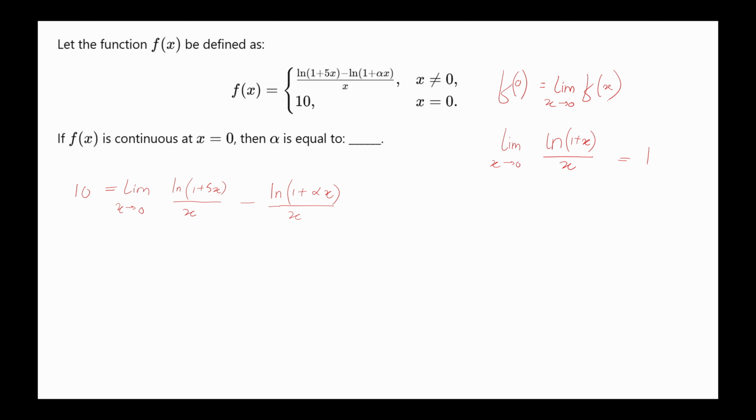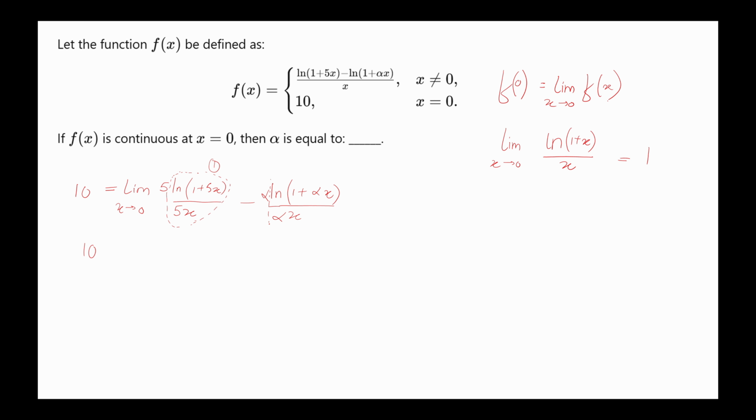Simply 1. So here I have 5x, so I will try to convert this x into a 5x. I will multiply a 5 here and multiply a 5 at the top. Here also I will do the same thing. I will multiply an alpha here and an alpha here at the top as well. So from here, now if I apply the limits, what is this portion going to become? It is simply going to be 1.